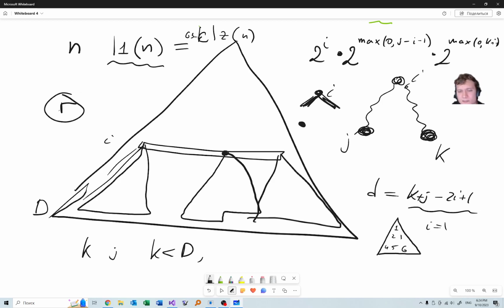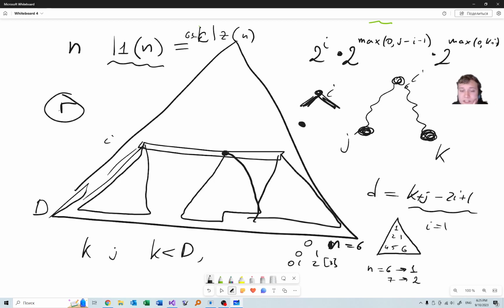I think let's subtract the power of 2. So we have 0. For example, for n equals 6, what do we have? We have 0, then 0, 1, then 0, 1, 2. And 3 we do not have. So in this case, 6 goes to 1, and 7 goes to 2.